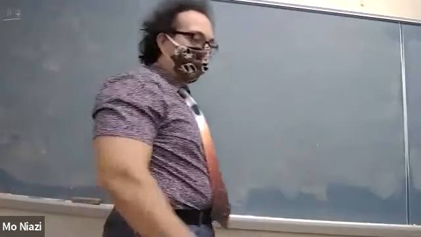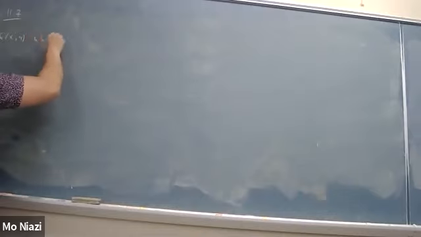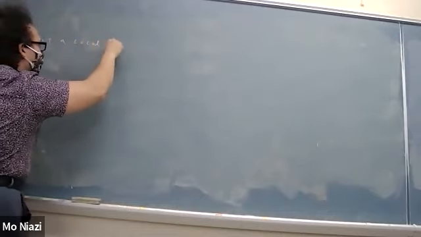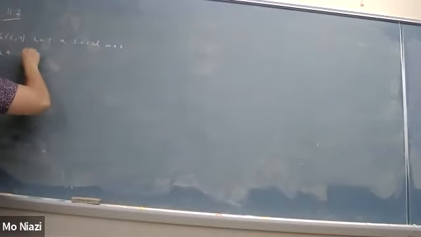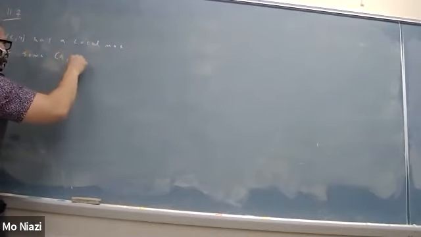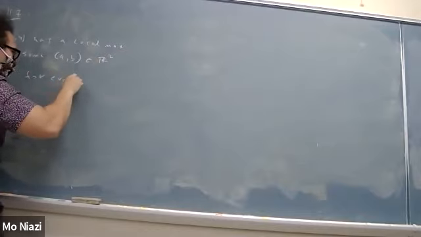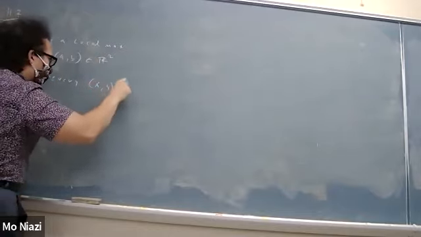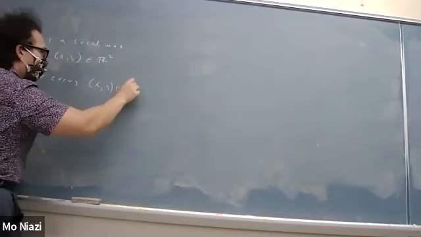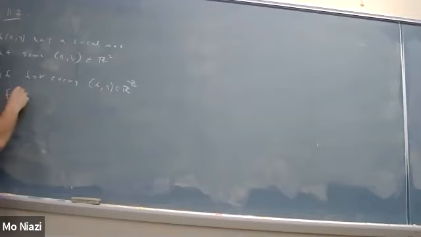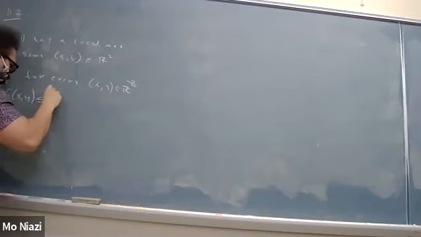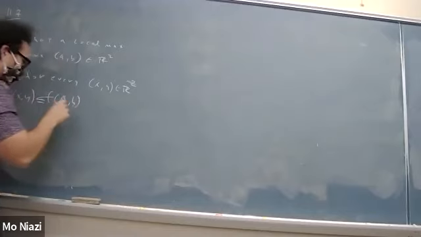A function f of x, y has a local max at some point in R2 in the domain if, for every point, we have f of x, y is less than or equal to f of a, b.